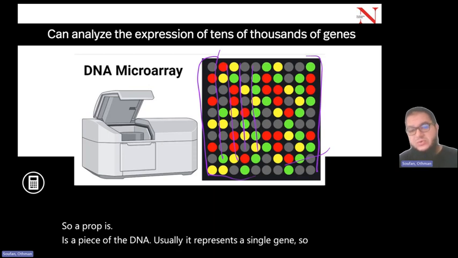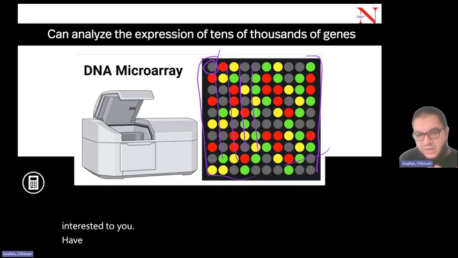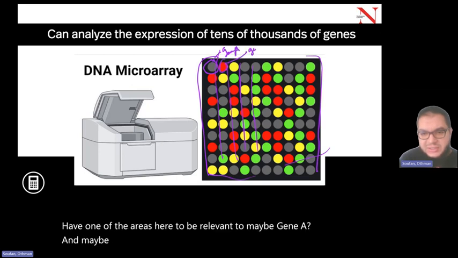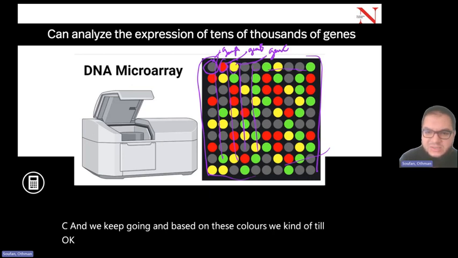So we're interested in having one of the areas here be relevant to maybe gene A, and maybe this is gene B, and maybe this is gene C, and we keep going. And based on these colors, we tell, okay, this is gene B, this is more reddish.